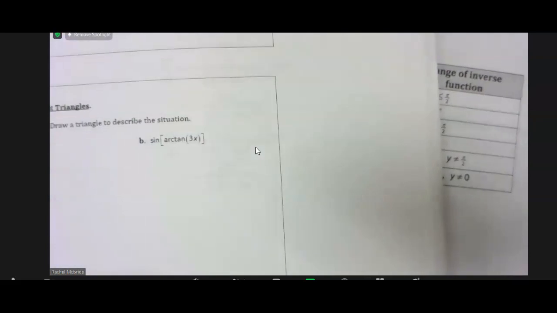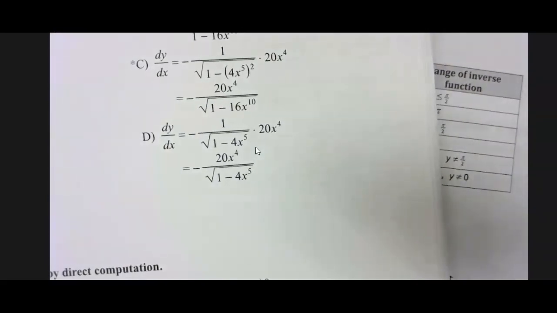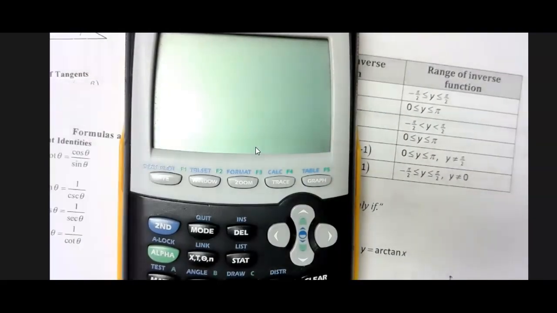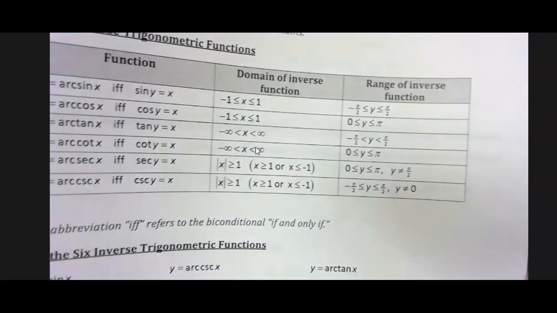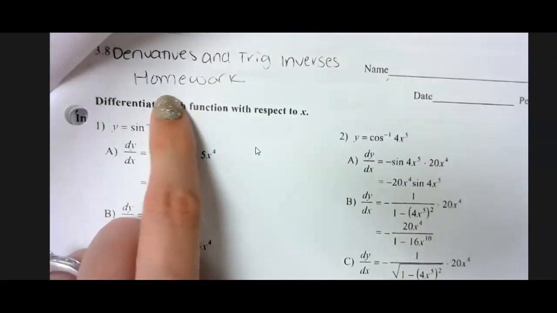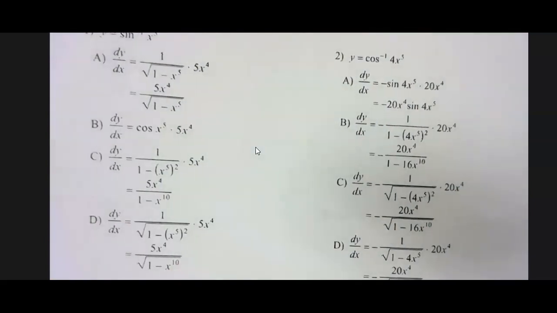Okay. If you turn in that notes packet that I gave you, it should kind of look like this. Here's a blank one. It's 3.8 derivatives and trig inverses homework. So you're doing some multiple choice. Oh wait. Do not do numbers 1 or 2.